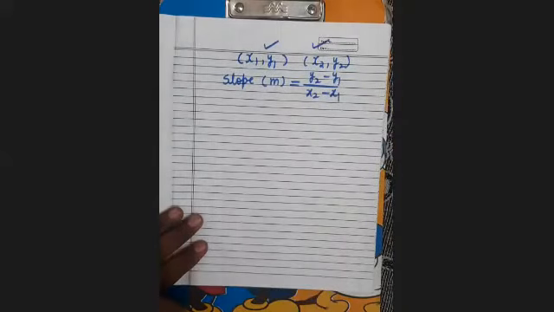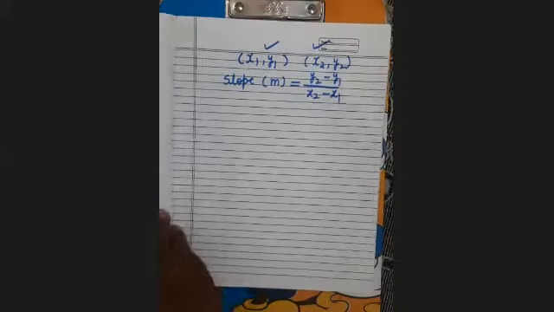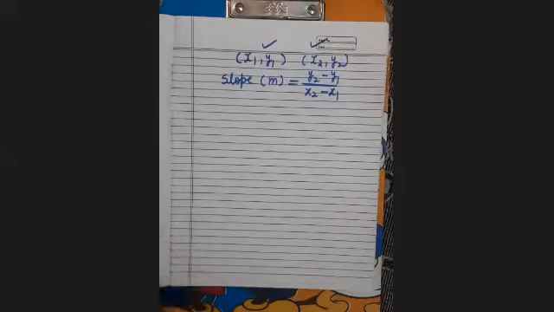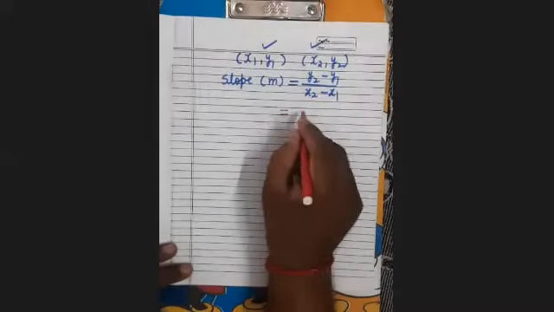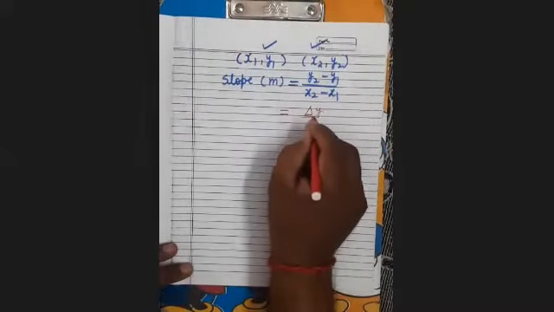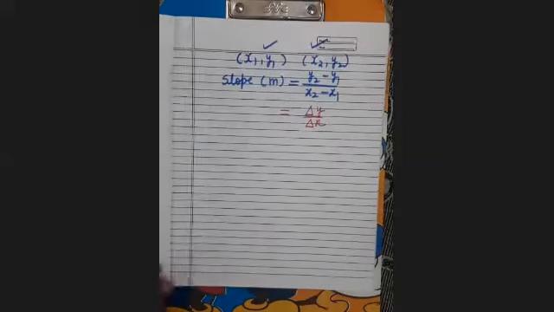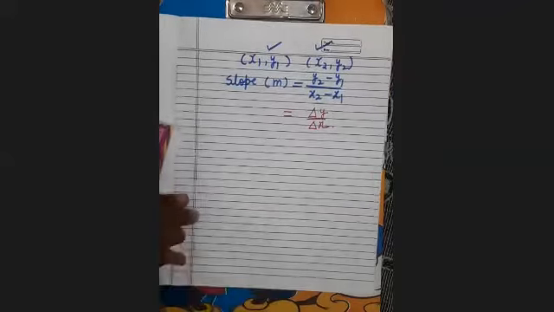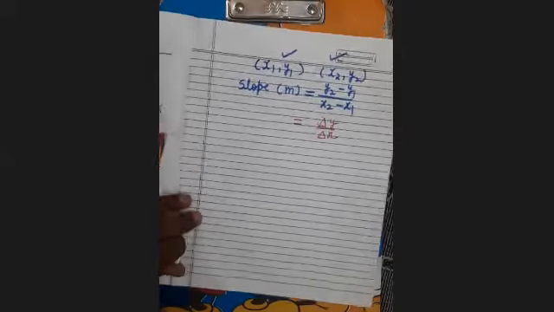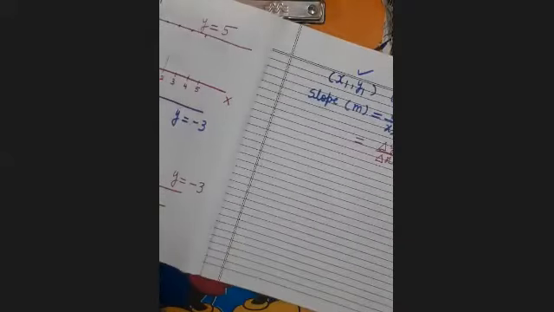It's clear? We also write it as delta y upon delta x.